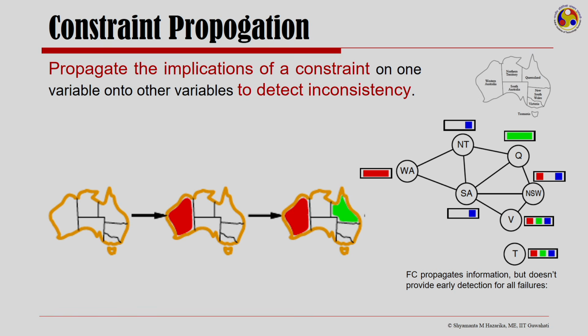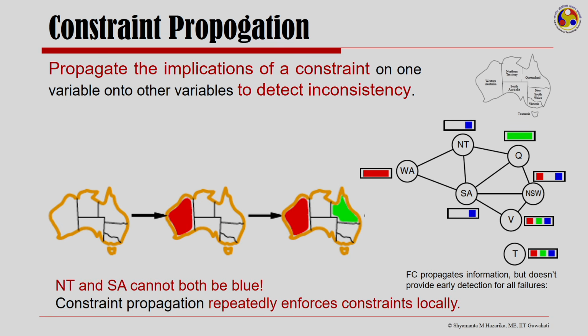But because we are propagating this information locally from one variable onto other variables, we immediately realize that NT and SA cannot both be blue together, and therefore we will not be left with a path to a solution if we carry forward our coloring this way. So, constraint propagation repeatedly enforces constraints locally and can detect failure early.